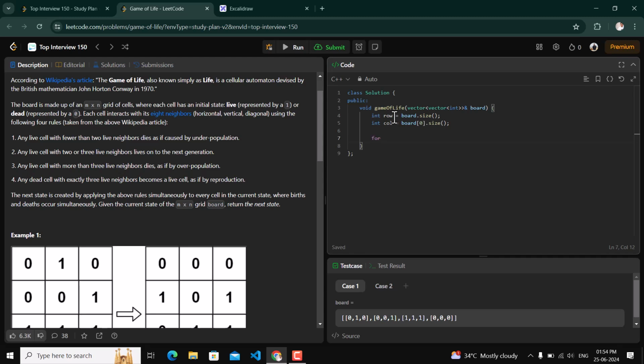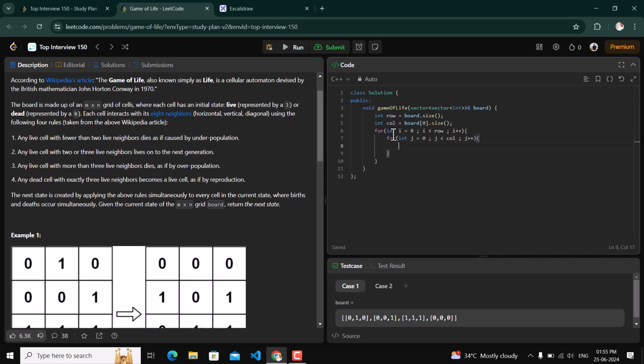Now for int i equals 0, i less than row, i plus plus, then for int j equals 0, j less than column, j plus plus.